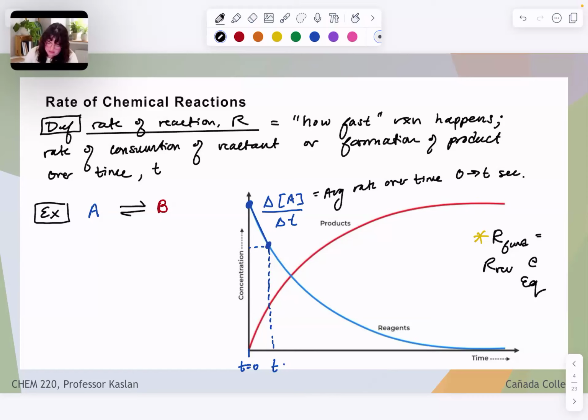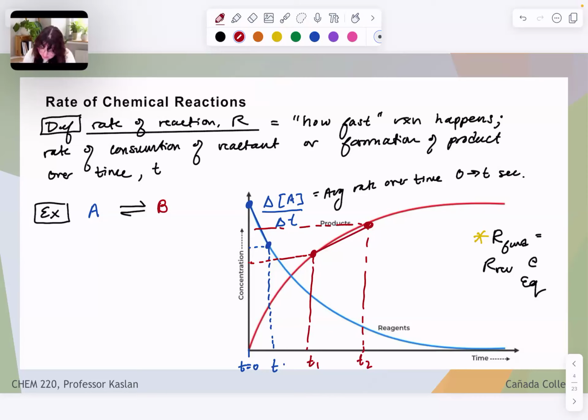We could do the same thing with our products. I could look at any point in time, let's call it T1, at the concentration of B. And then compare that to some time T2, where I have some concentration that is now higher.